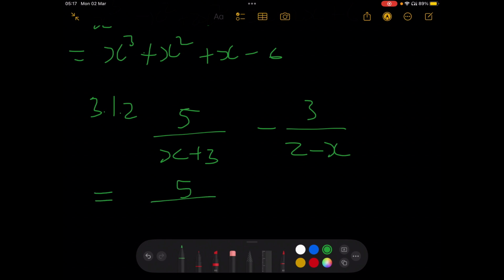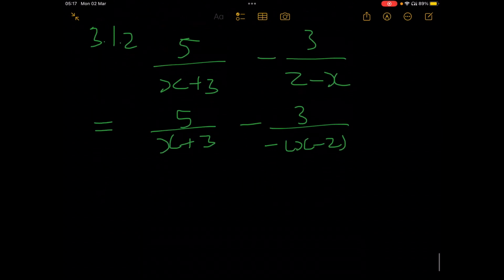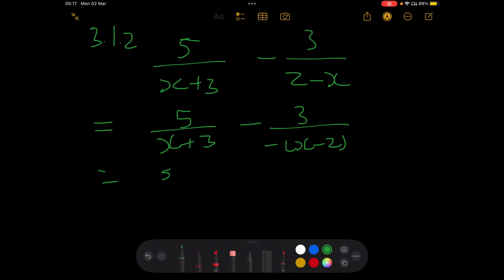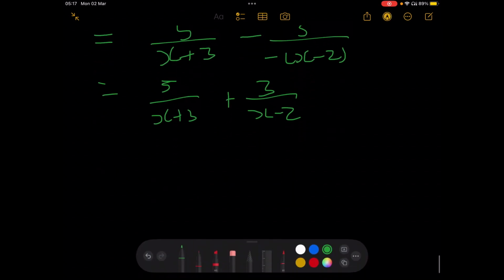So we'll have to order that into 5 all over x plus 3 minus 3 all over negative x minus 2. And that then simplifies into 5 all over x plus 3 plus 3 all over x minus 2. Now we look for the lowest common multiple, or lowest common denominator, which will be multiplying x plus 3 with x minus 2.